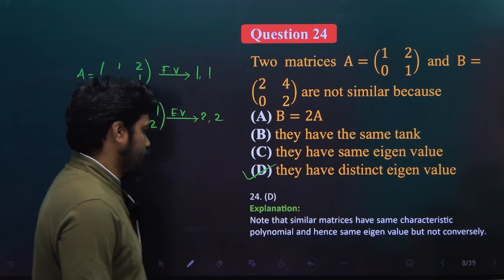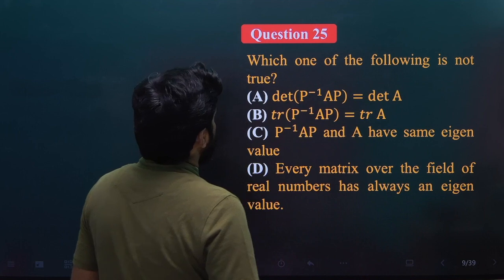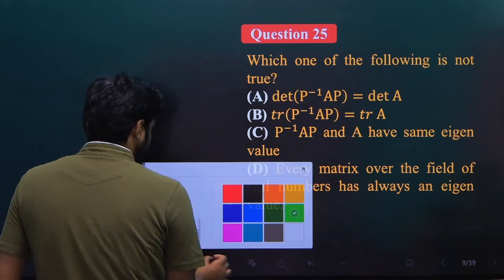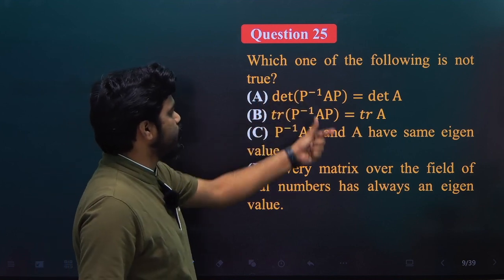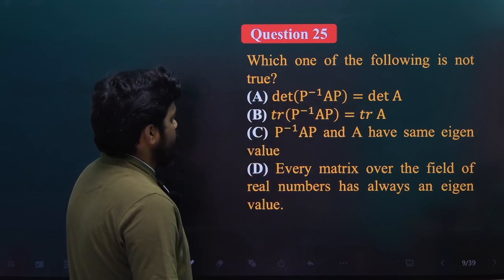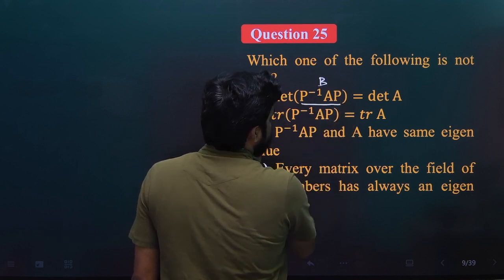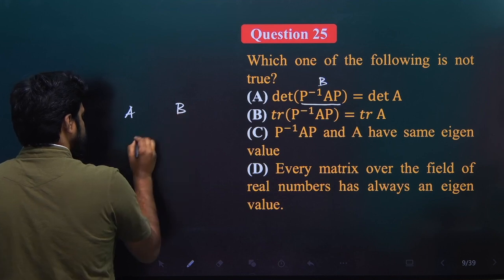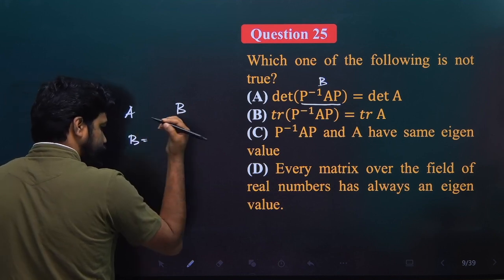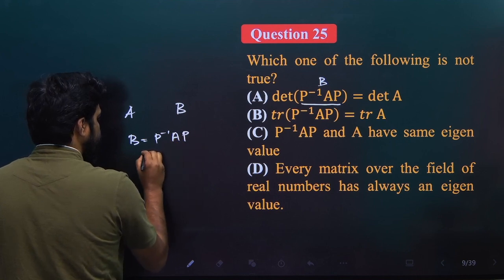Okay, so next, which of the following is not true? Just see, determinant of P inverse AP, right? Basically P inverse AP, that is B. A matrix A is said to be similar to B if there exists a non-singular matrix P such that B is equal to P inverse AP.